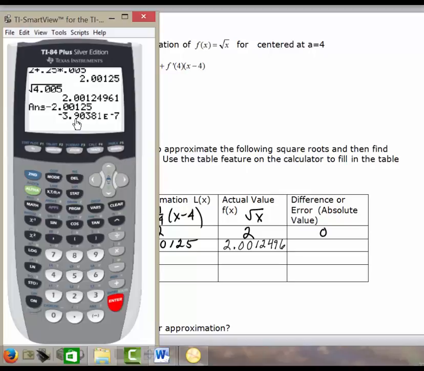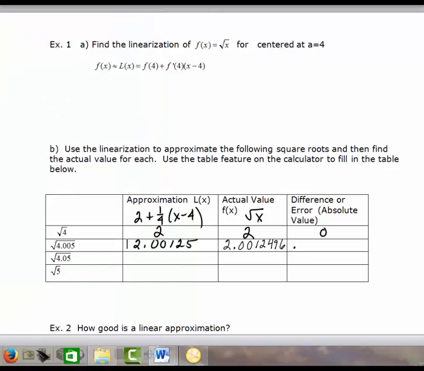I'm going to have 6 zeros, the error. Right, so this is the approximate error. I find this fascinating that you can use a derivative, or a tangent line approximation, to approximate the square root of some irrational number, and you get an error that is minute.